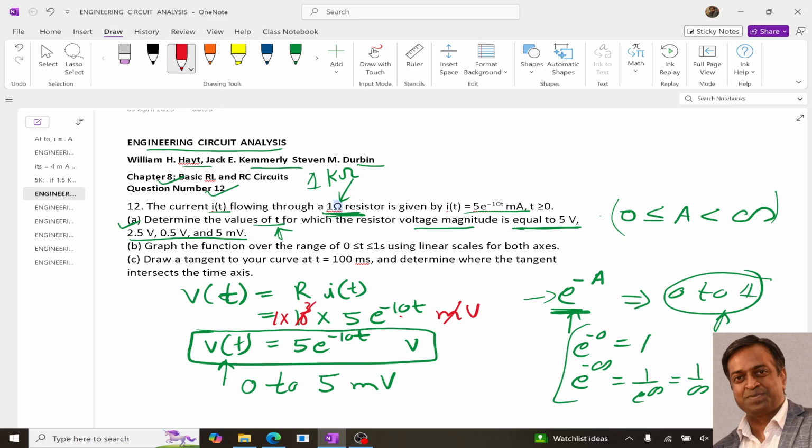The range of v(t) will then be from 0 to 5 volt. So there must be some error in this question, either the resistor is 1 kilo ohm or the current is in ampere. Here let me assume that the resistance is kilo ohm.